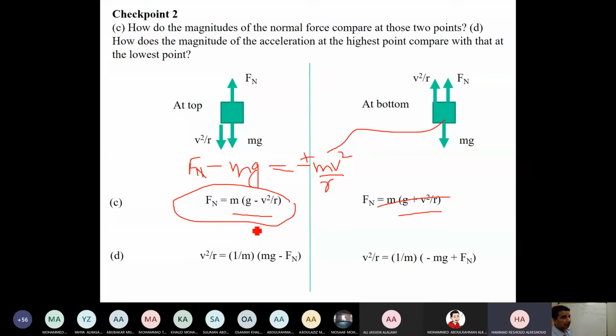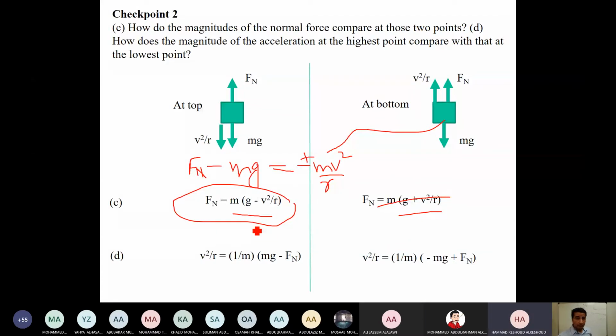But when you are going in the opposite direction, when your seat is here, the normal force is upward, and the v squared by r is upward, and the mg is downward. So accordingly, just because of the convention, you also have that. The only thing that will be different is the sign of the v squared by r.